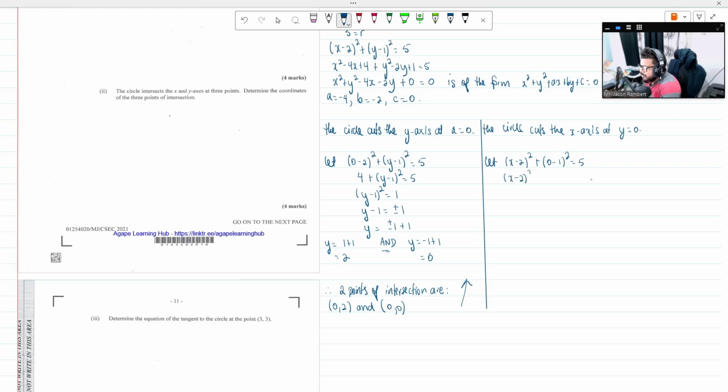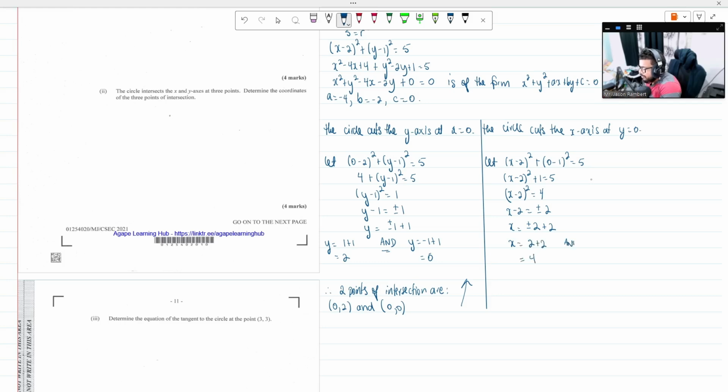X minus 2 squared plus 1 is equal to 5. So x minus 2 squared is equal to 4. X minus 2 is equal to plus or minus 2. So I get x is equal to plus or minus 2 plus 2. X is equal to 2 plus 2, which is 4.